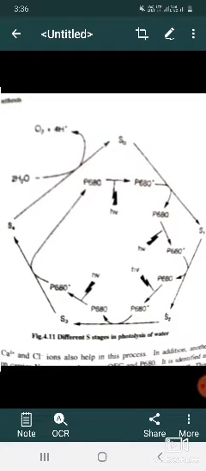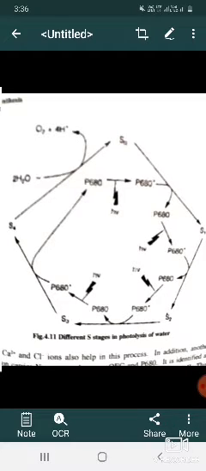The time period between the four flashes gives scope for accumulation of four positive charges.